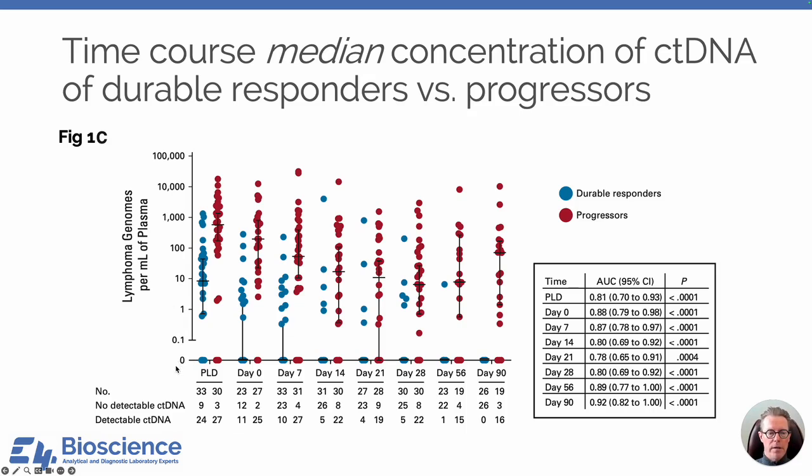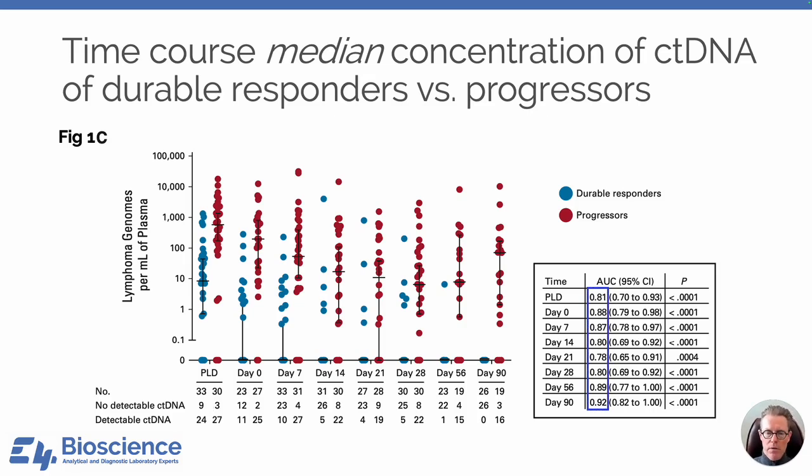I also want to note this 0. This is minimal residual disease negative, and there appear to be 1 or possibly 2 dots along the bottom. But it's important to draw your attention to these no detectable ctDNAs. There are actually 9 blue dots here and 3 blue dots here, and of course, that goes all the way along.